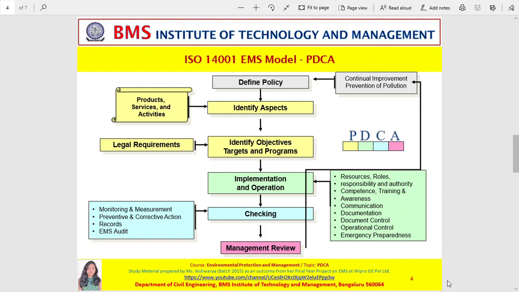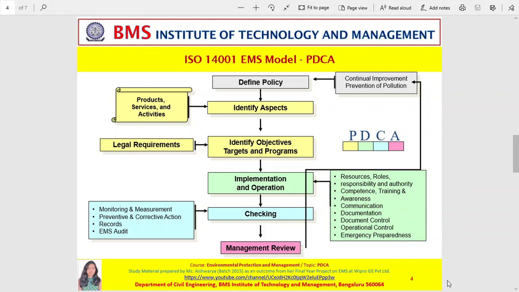Today I am going to take you through the topics covered under module 3 of Environmental Protection and Management. This module deals with environmental management systems. So, what is an environmental management system, or in short, EMS?